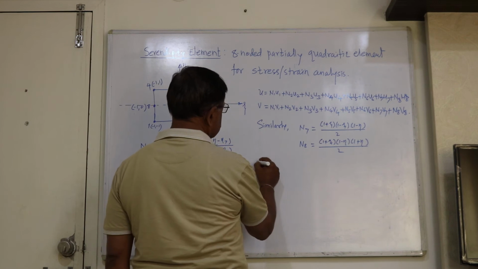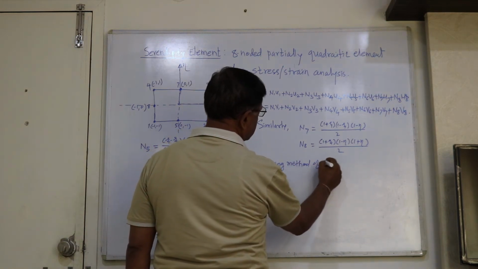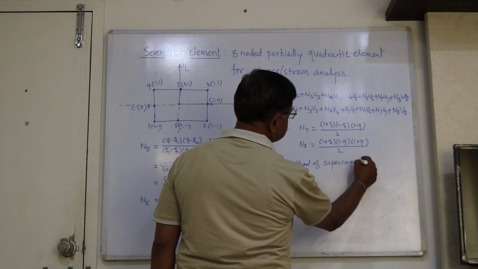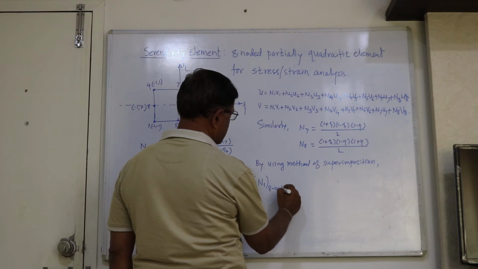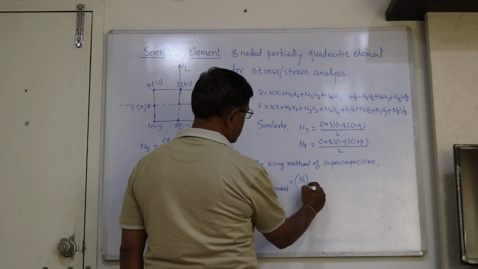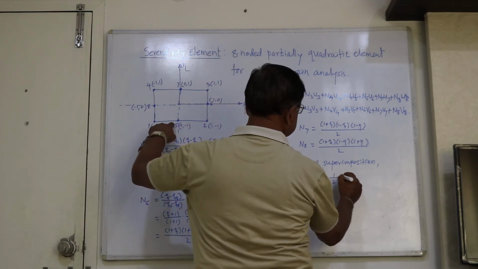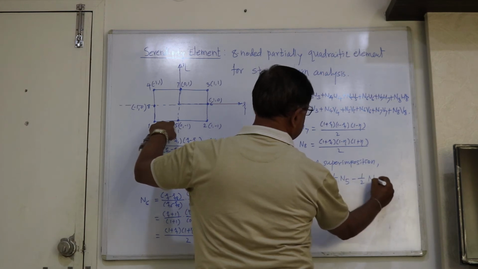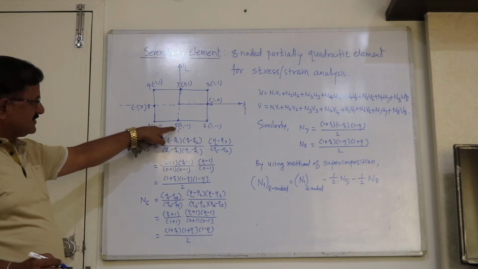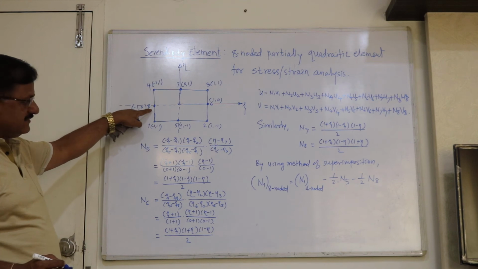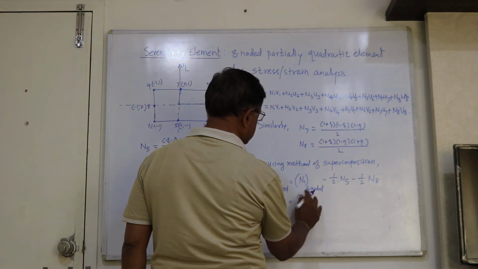Now by using the method of superimposition, N1 for 8 noded equals N1 for 4 noded minus 1/2 N5 minus 1/2 N8. Now substituting this, for 4 noded we know that this is (1 minus xi)(1 minus eta) divided by 4.